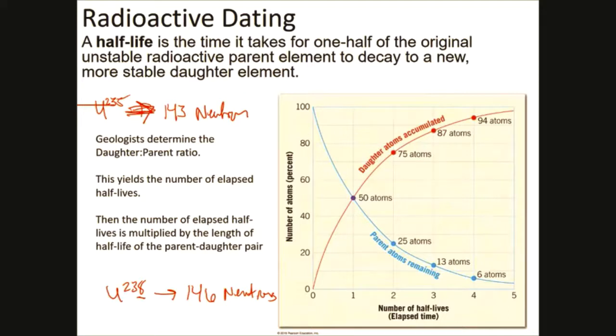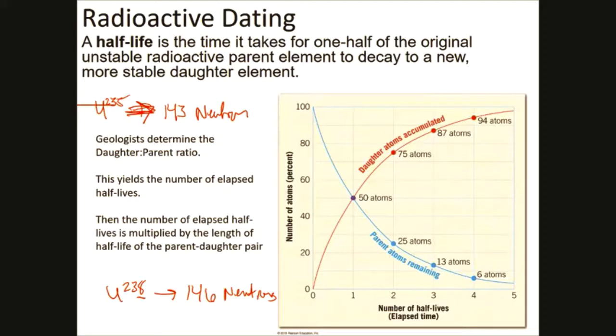If you enrich it to a certain extent for fuel grade to use in a nuclear power plant, and then you have to enrich it to a higher percentage of U-235 if you want it to be weapons grade to make a nuclear bomb. The way they enrich it is they spin it in a centrifuge, where the heavier U-238 goes to the outside, just like the denser components of blood go to the outside in the centrifuge, and the lighter U-235 goes to the inside, just like the lighter components of blood come to the inside when you spin blood in the centrifuge.